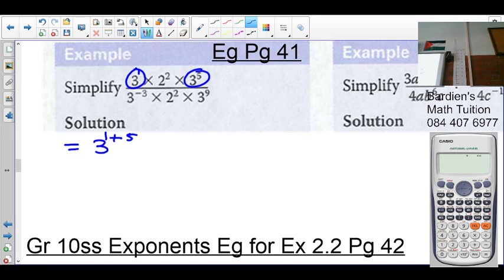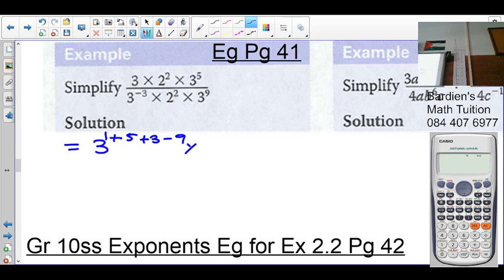When we divide and bases are the same, subtract the exponents. So it must be minus 3, becomes plus 3, and minus 9. You guys understand? There's no sign here, so if there's no sign, the sign is positive.